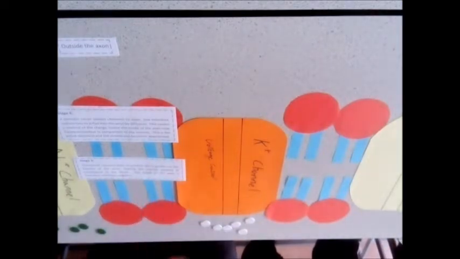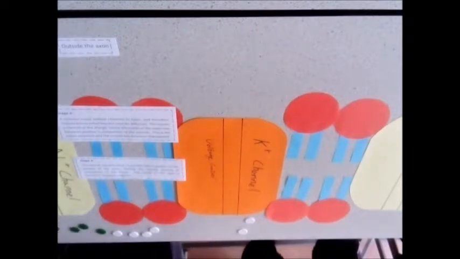This causes a reversal in the charge, because we end up with more positives on the inside in comparison to the outside. So now the inside becomes relatively positive, and therefore the outside must become relatively negative. It's reversed, so it's flipped charge. This flipping of charge is basically your nerve impulse moving down. This is what your action potential is.